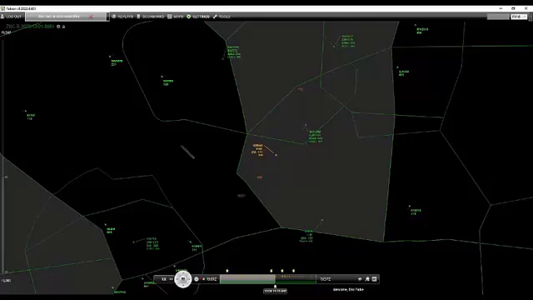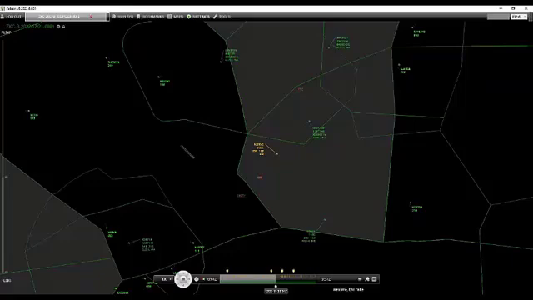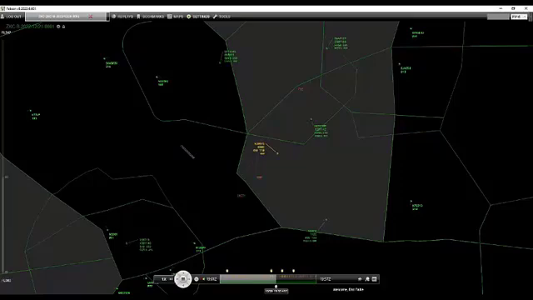Spirit Wing 1700, contact Kansas City Approach 124.7. 124.7, Spirit Wing 1700. November 206 Victor Sierra, I'm showing the ceiling at Forbes is broken at 1,500, overcast 2,200.